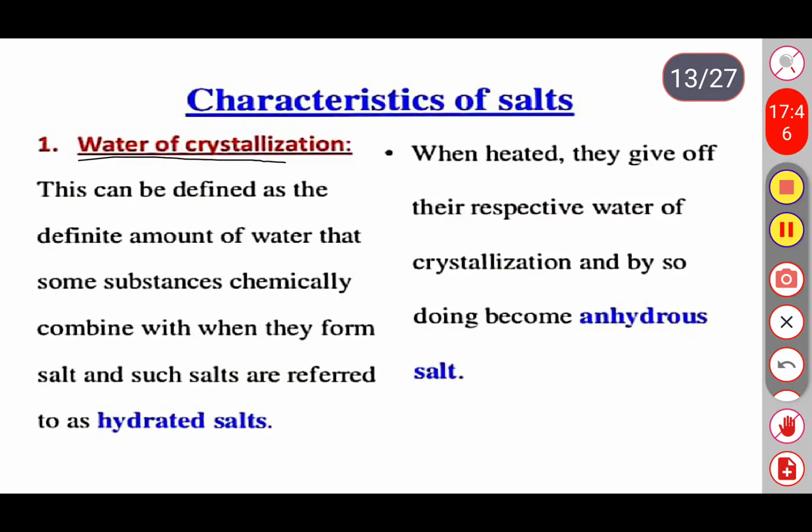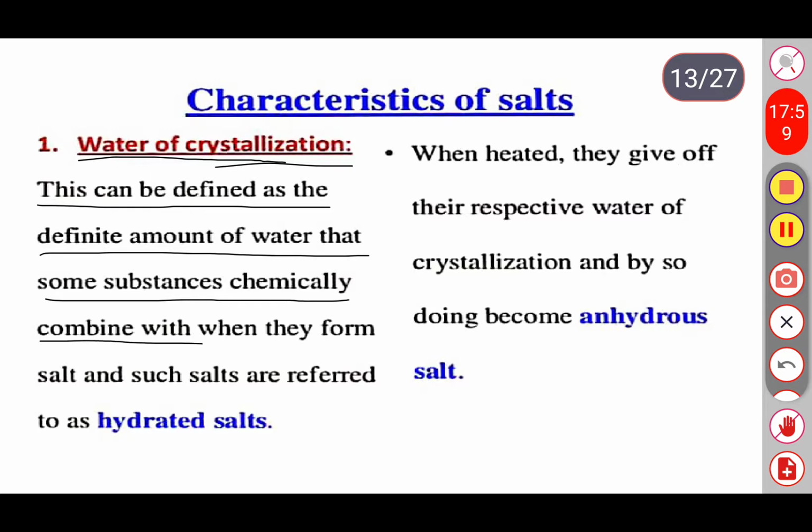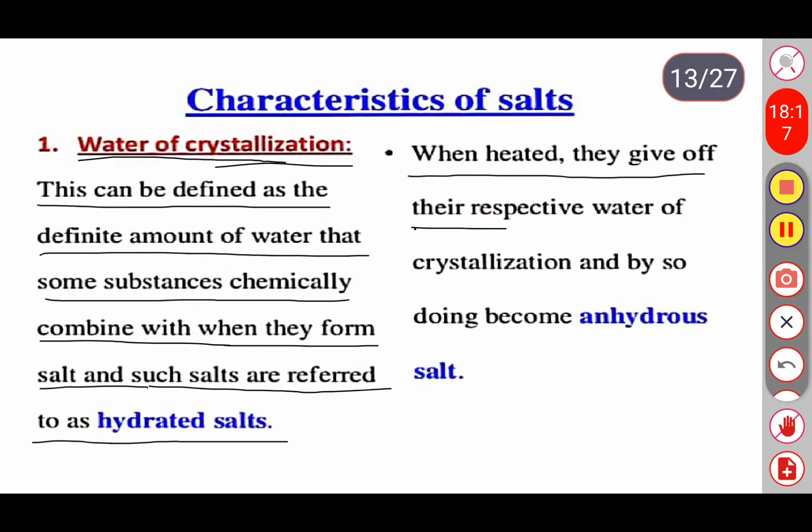This can be defined as the definite amount of water that some substances chemically combine with when they form salt, and such salts are referred to as hydrated salts. When heated, they give off their respective water of crystallization, and by doing so become anhydrous salts.